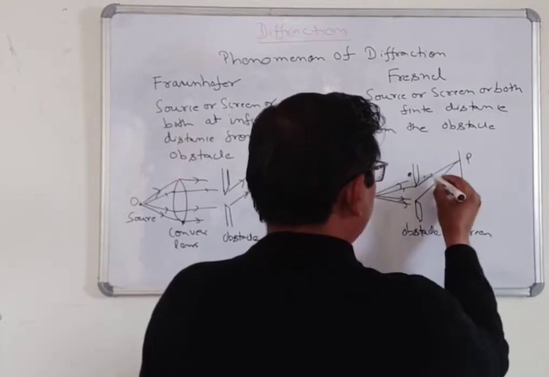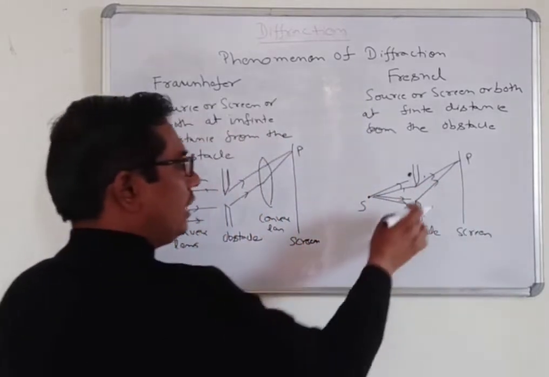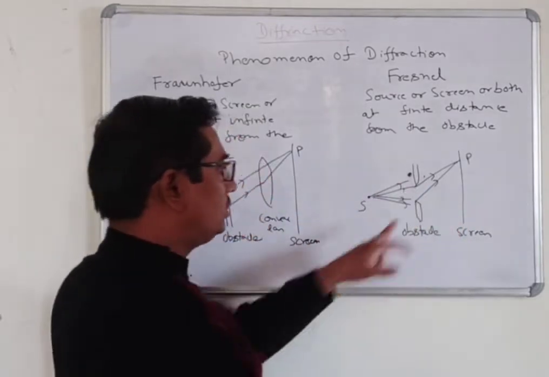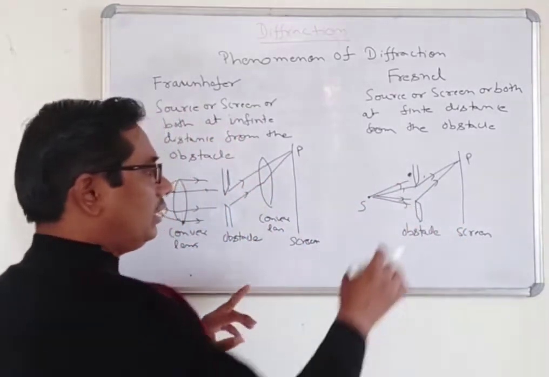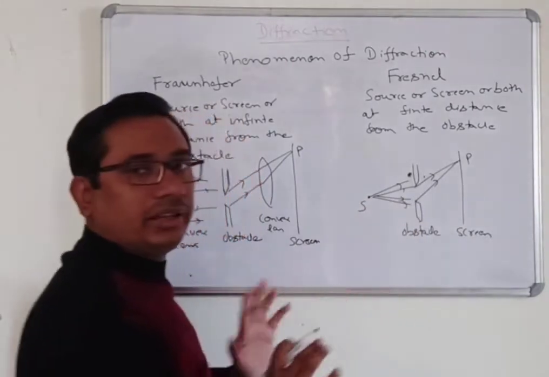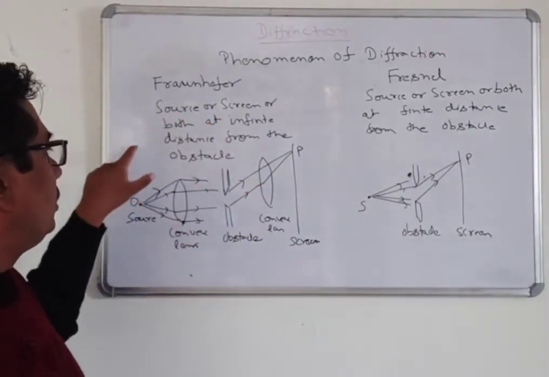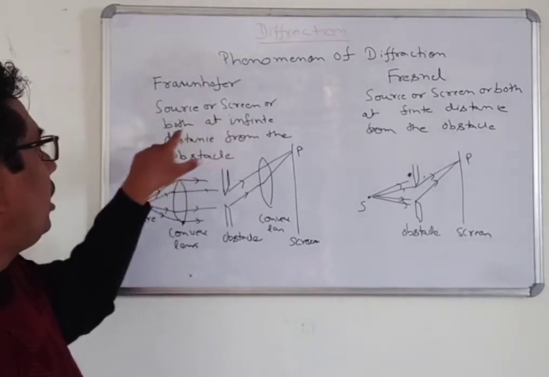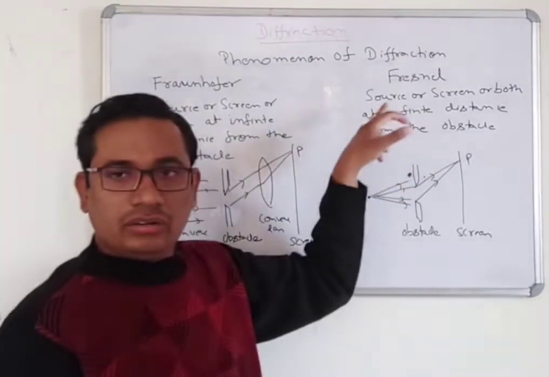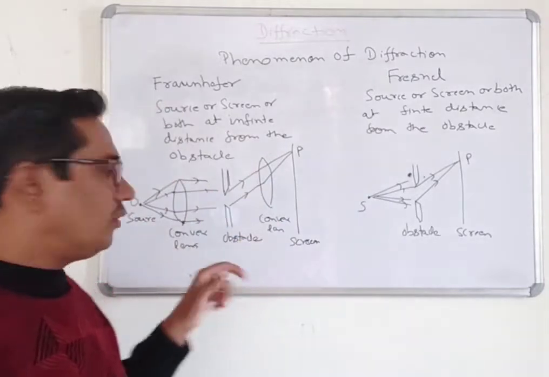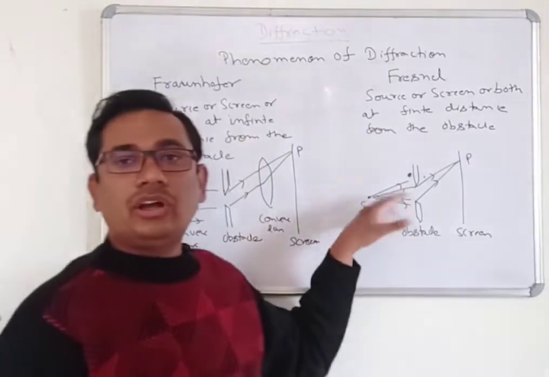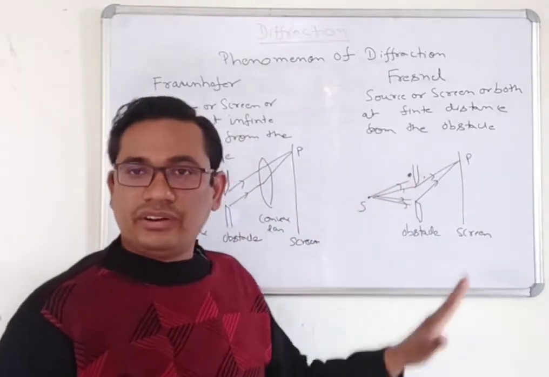Here you can see that everything is at a finite distance from the obstacle, because here we have not used any type of lens. The first difference is that in Fraunhofer the source and screen are both at infinite distance, and in this case we have used the lens. Here in Fresnel the distance is finite and we will not use the lens. That is the first difference.